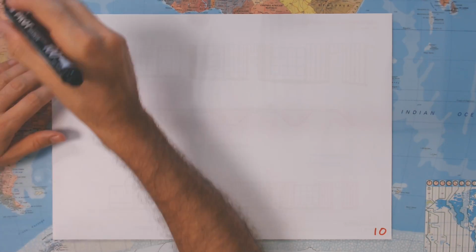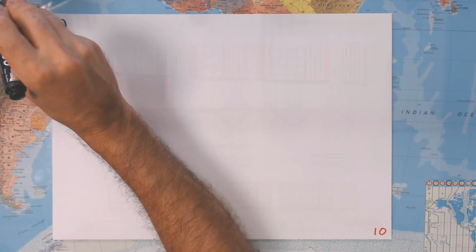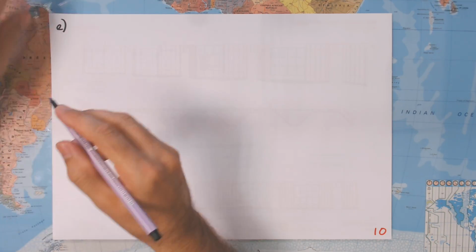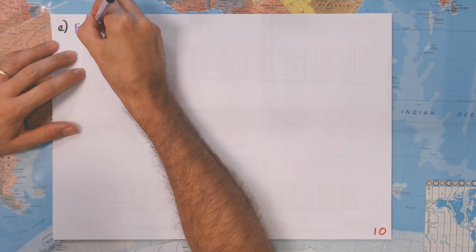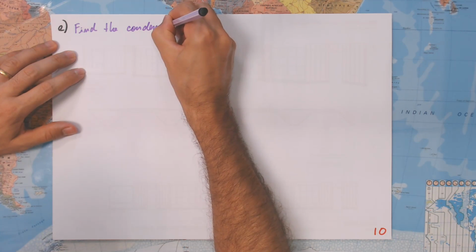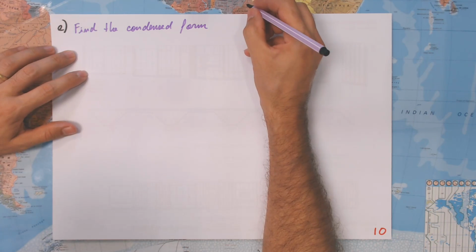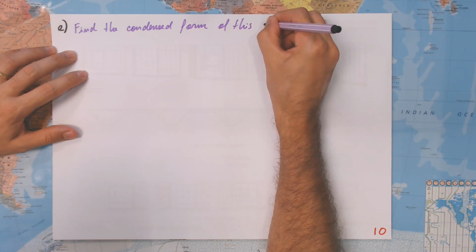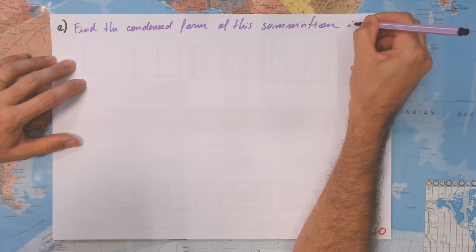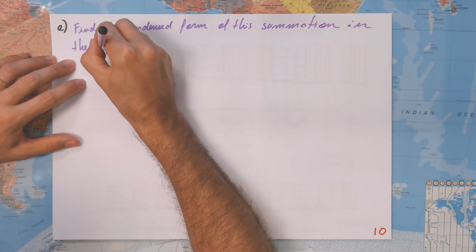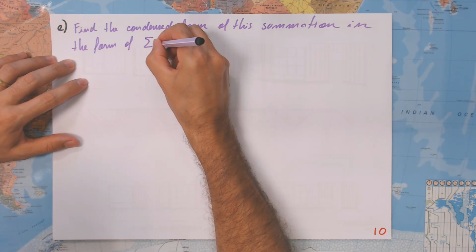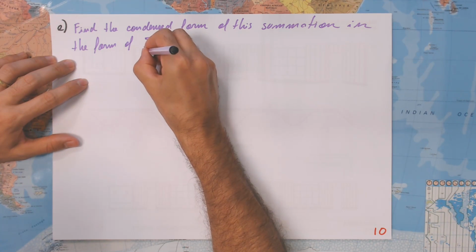Okay, now this is E, and the question is going to be like: find the condensed form of this summation in the form of, this is some i, and let's start with a up to b.